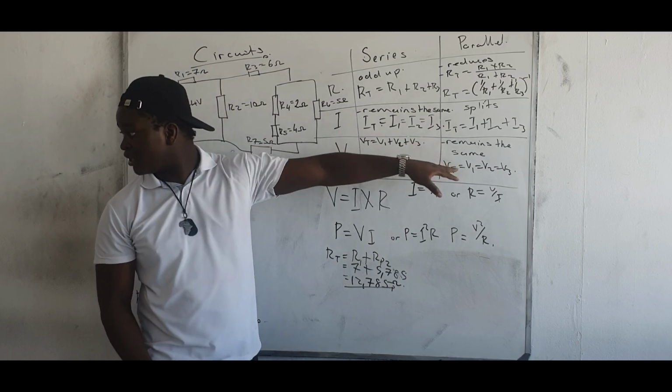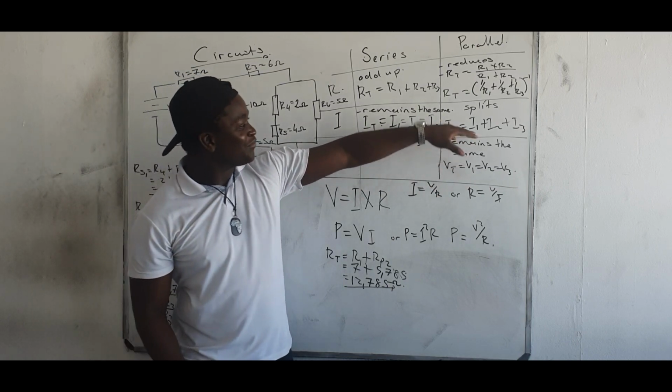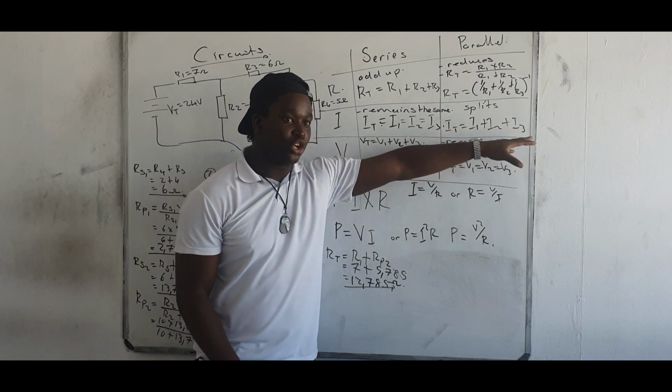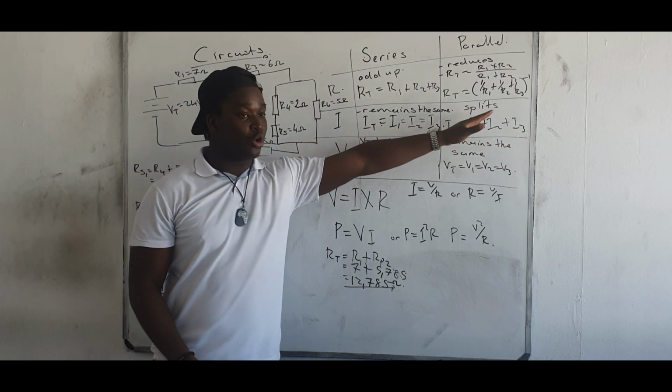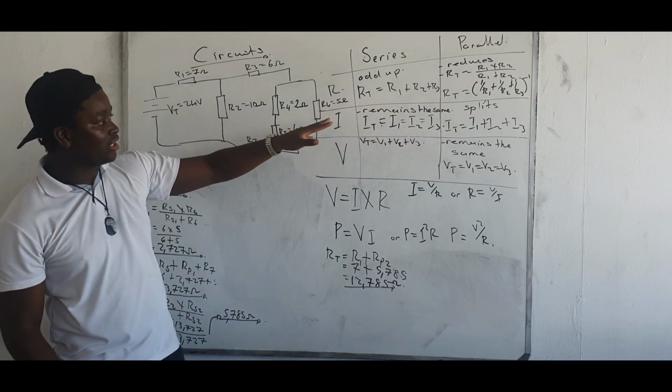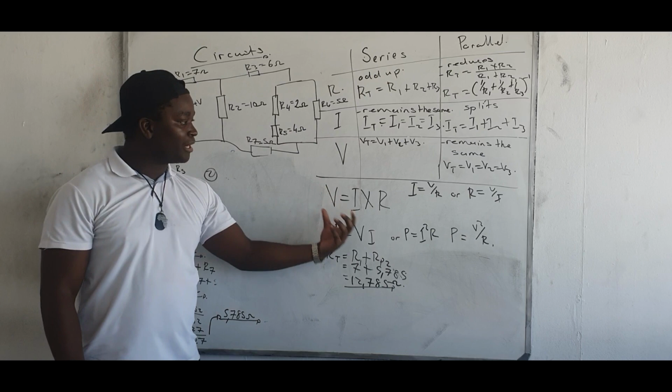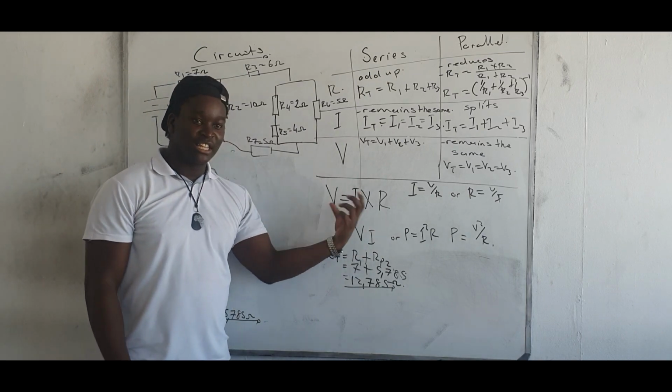If it's a series question, almost done. If it's a parallel question, we need at least I1, I2, and I3. So these parts are not applicable for calculating the total current. Are we together? So which formula is applicable?